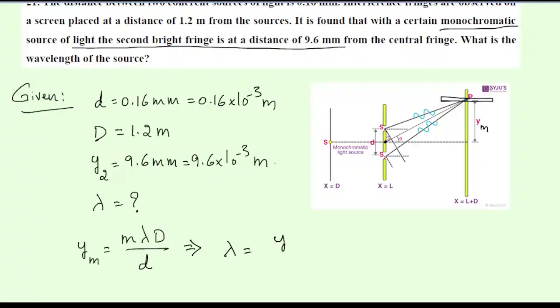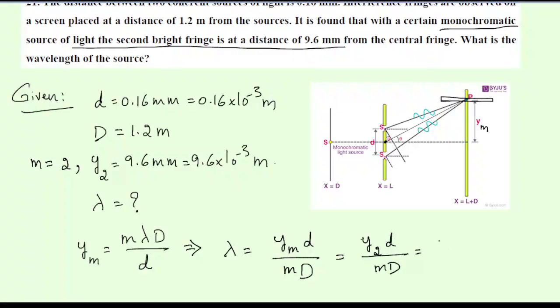That is, lambda equals ym d divided by m capital D. What is ym here? Since we know the value of y2, that is for the second bright fringe, obviously the value of m is 2. We can write it as y2 d divided by m D.